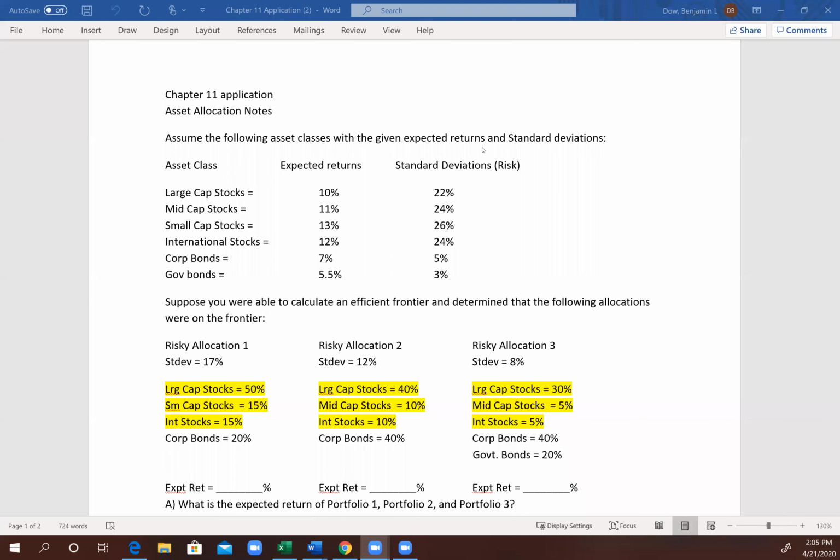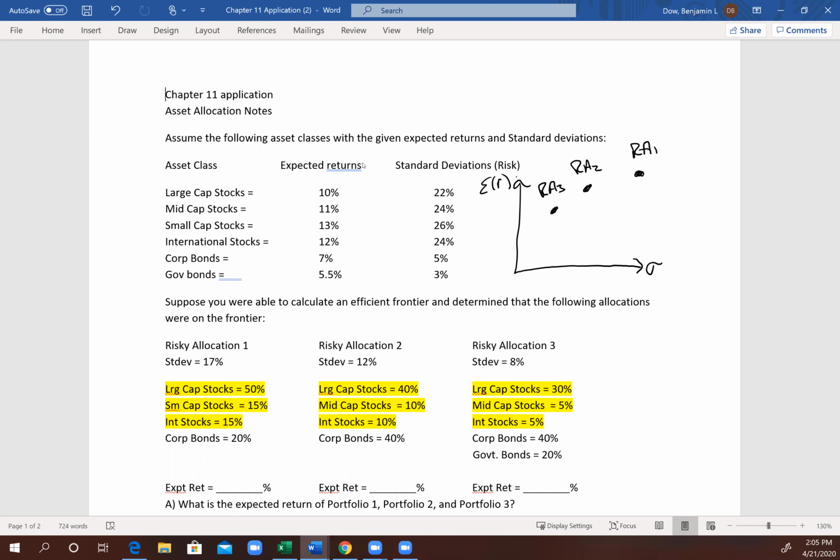All right. So what we were looking at before was these three portfolios. And in these three portfolios, we could look at the expected return and standard deviation of each one.